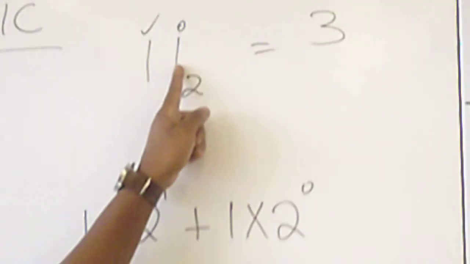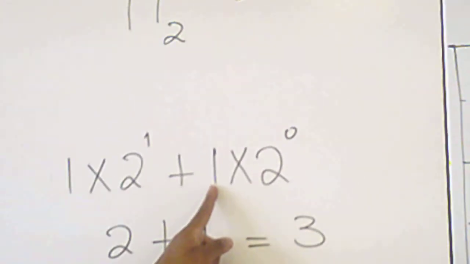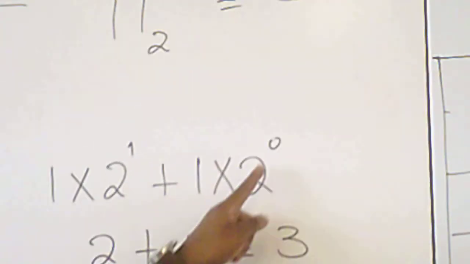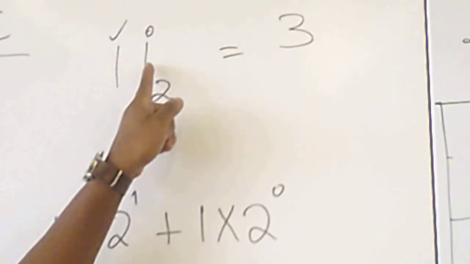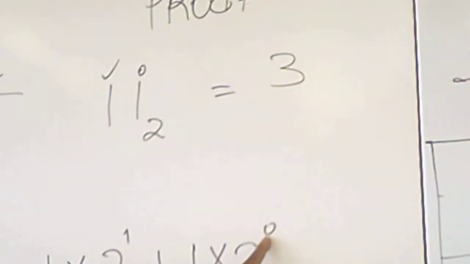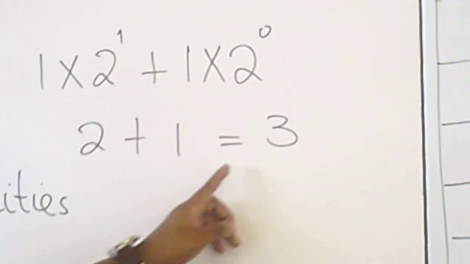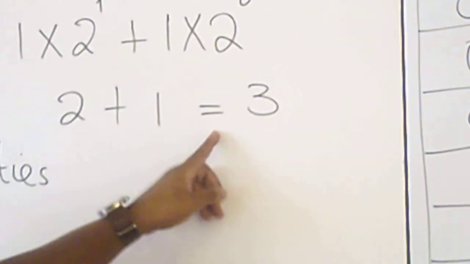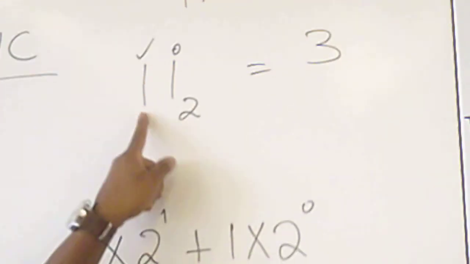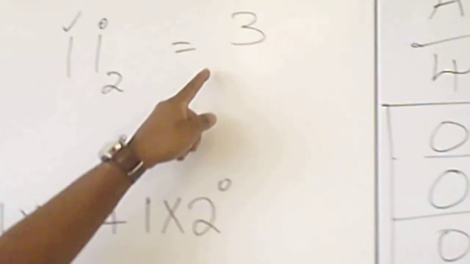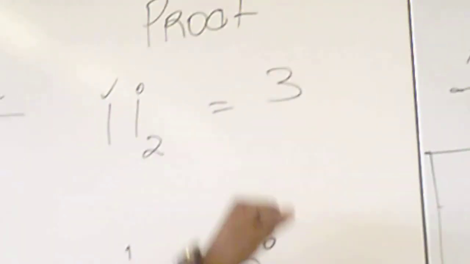Then we take this 1, put it here, multiply by 2 to the power, there's nothing coming after this 1, it's a 0. We put a 0 here, it's a 1. 2 plus 1 equals 3. So this 1, 1 is a proof that it is equal to 3.